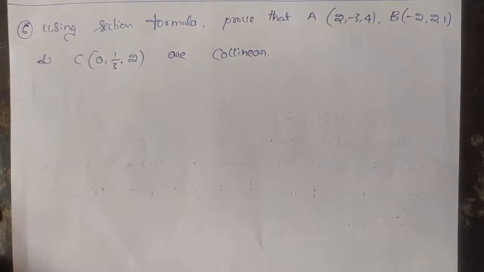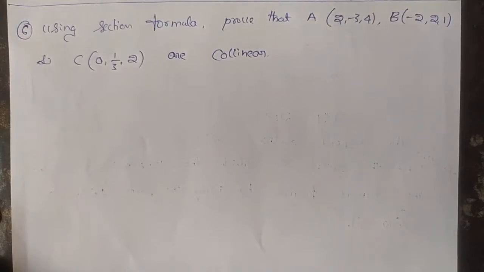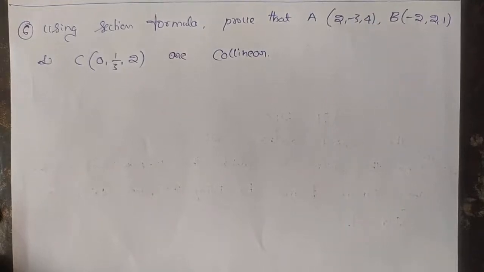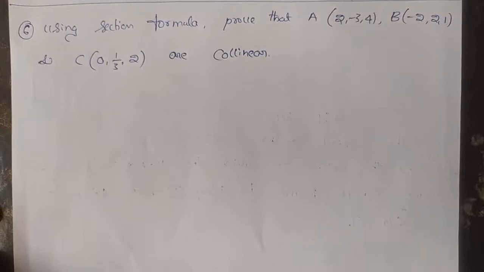First, we need to find the distance AB, next the distance BC. The sum of those distances must equal the distance AC. So these two methods we applied in our previous classes. Already we have solved so many questions related to these conditions, isn't it? So in this question we need to prove A, B, C are collinear by using the section formula only.